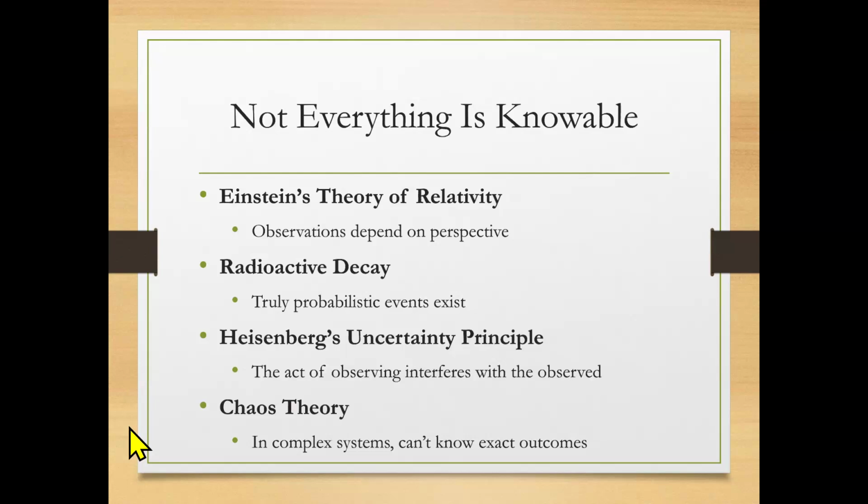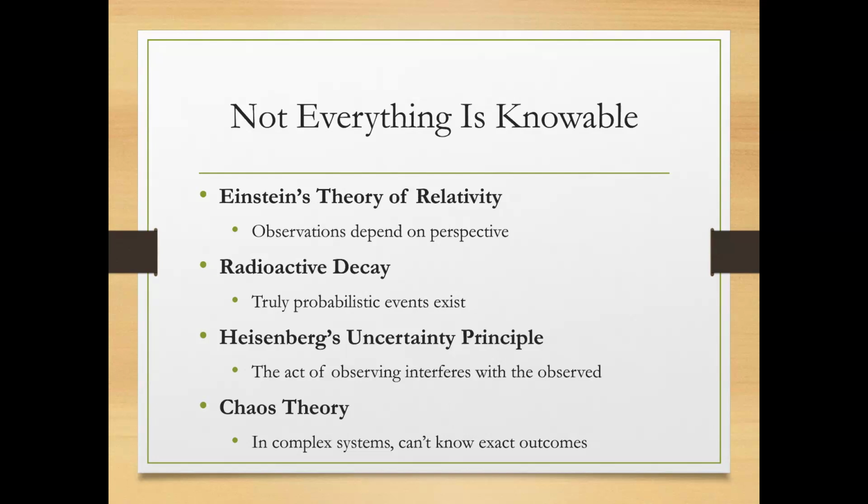All right, so in the later 1900s, the endeavor of science has discovered, kind of again, that not everything is knowable, right? So we thought we could know everything about nature by examining it scientifically, taking it apart, looking at how all the parts worked.